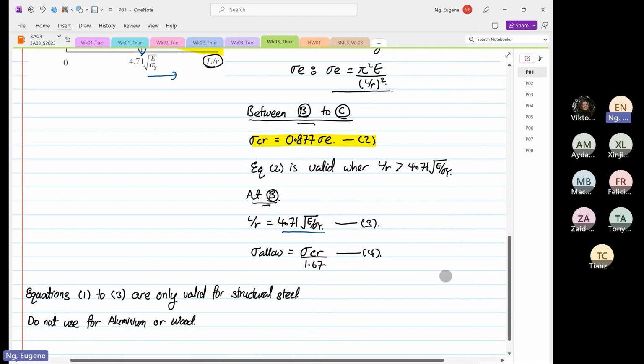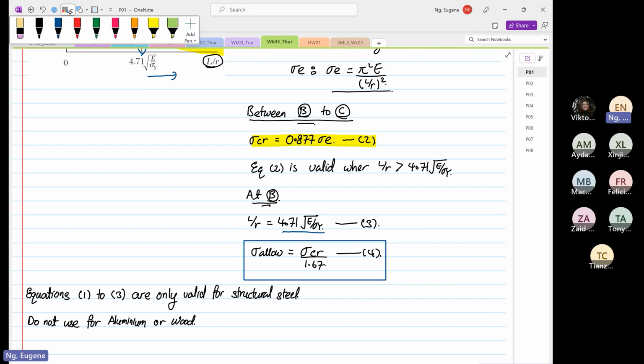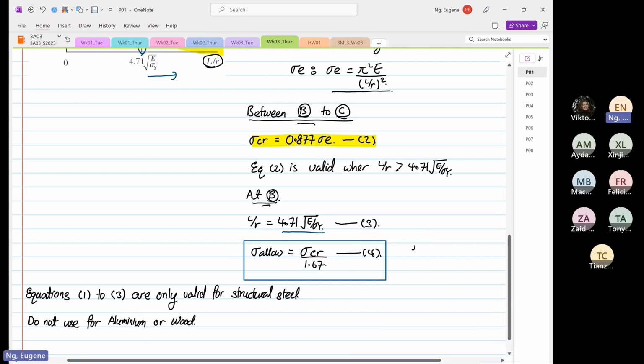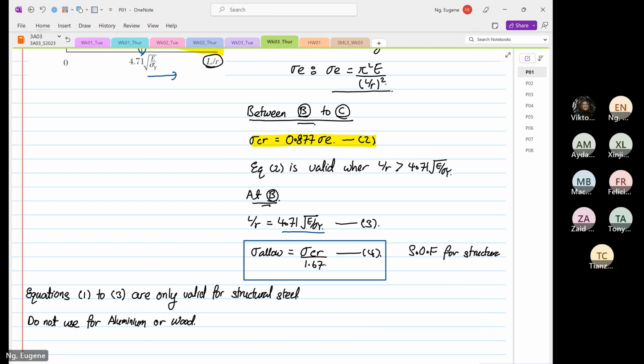Now, I wrote this equation down where the allowable stress is equal to the critical stress divided by 1.67. For this case, this is the factor of safety for structural steel during buckling analysis.